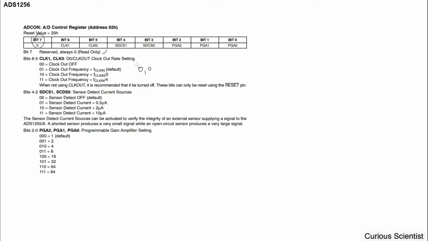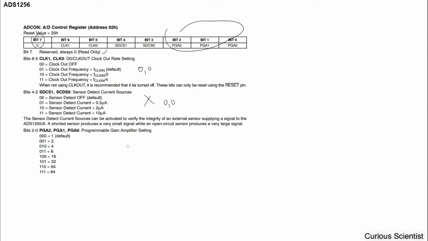This is only important if you want to synchronize this AD converter with some external device, so we just don't bother with this. Then we have the 4 to 3 bits, and we also don't bother with these, so these are 0 and 0 again. And then the 2 to 0 bits, so the last 3.